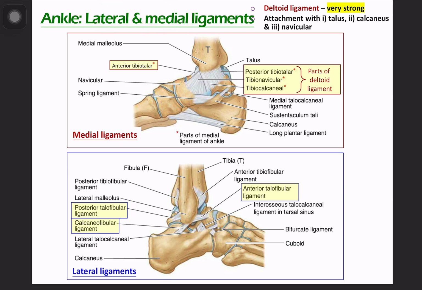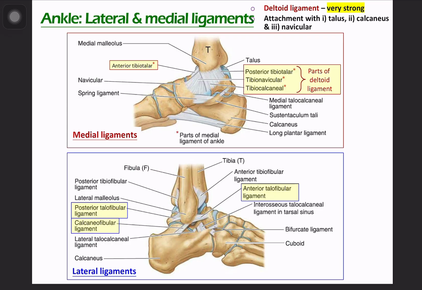So lateral first. Here we have the anterior talofibular ligament. As the name tells you, right, it is trying to secure the lateral malleolus here with the talus. Next, we have the posterior talofibular ligament, which also secures the lateral malleolus with the talus posteriorly.